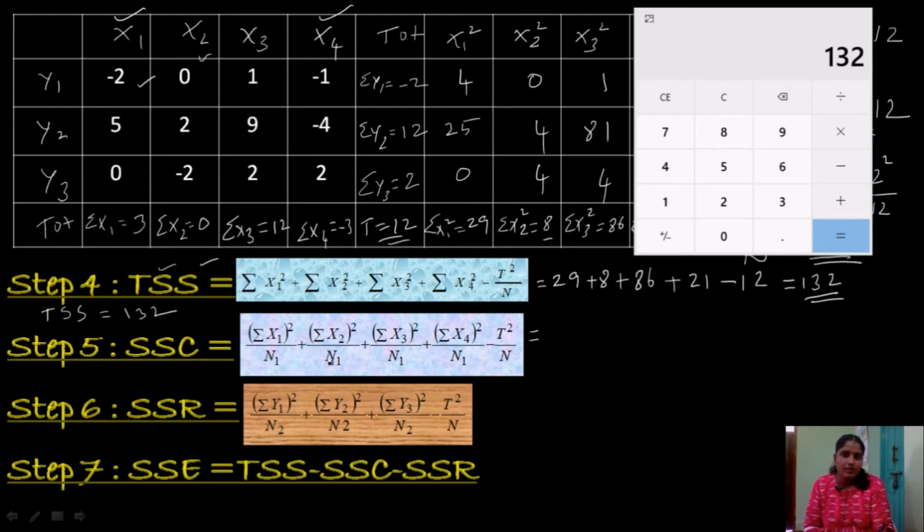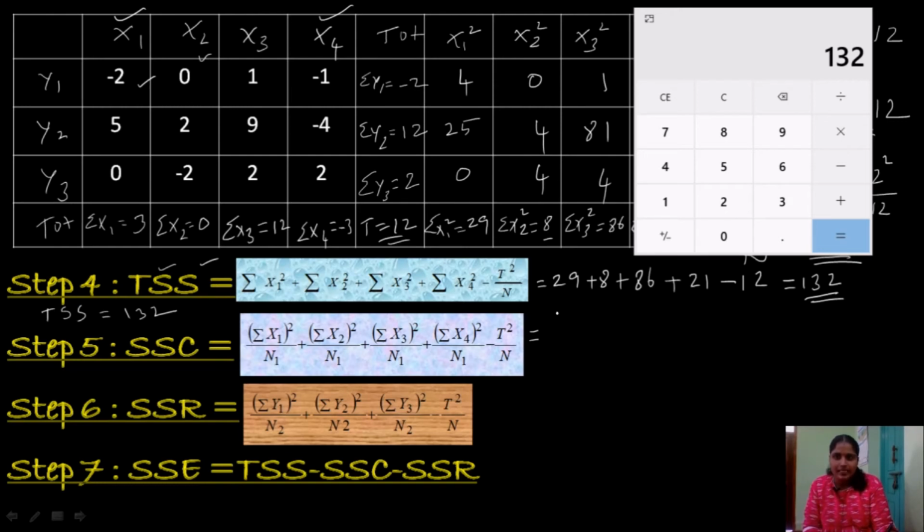Since we have an equal number of values under x1, x2, x3 and x4, we get the same value, that is 3, in the denominator of all. So we just have to write down all these values and calculate the value of SSC.